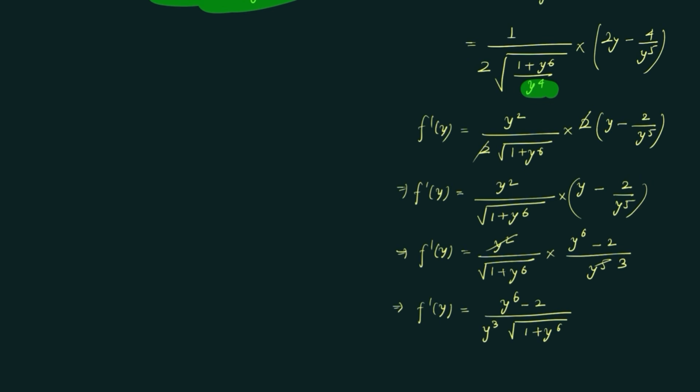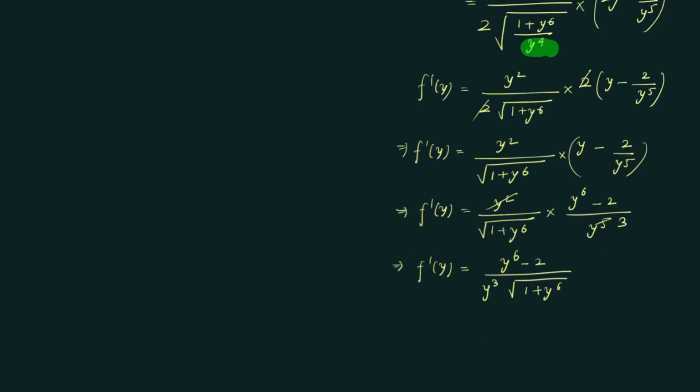Now, since this is the derivative of my function, in order to get the point of local maxima and minima, we equate the derivative to 0. So here we will put f dash of y equals 0.